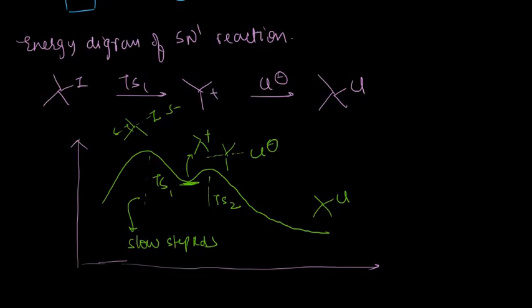When Cl minus attacks, we have transition state 2, and these are the intermediate we have, the carbocation, and the final product. So delta G of the reaction comes out to be negative. That's how we look at the SN1 reaction.